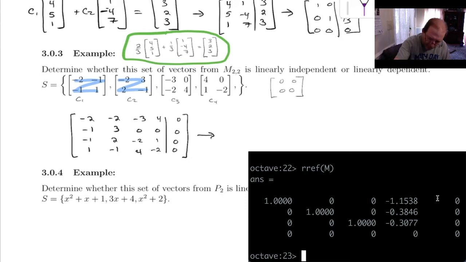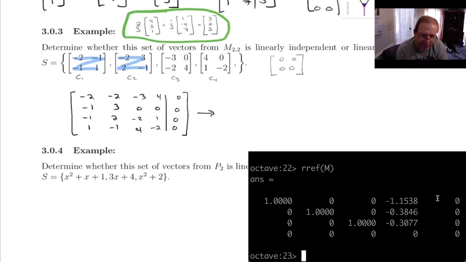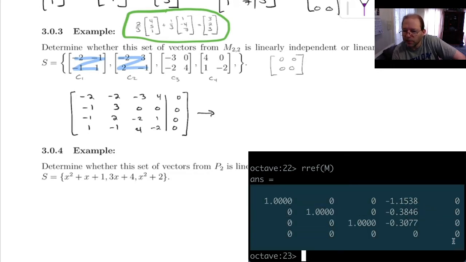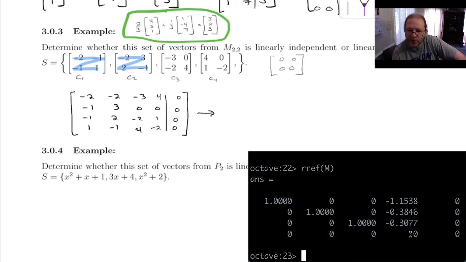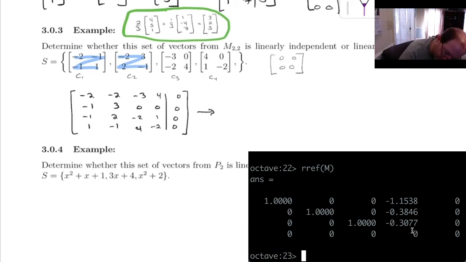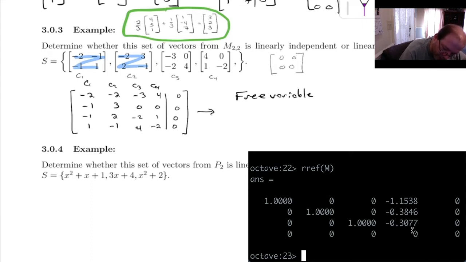All right, so we have to look at this matrix that we got. I'm not going to copy it. I'm just going to look at it on the Octave screen. If you look at this, we've got a free variable here. C1, C2, C3, C4. It looks like C4 is a free variable.